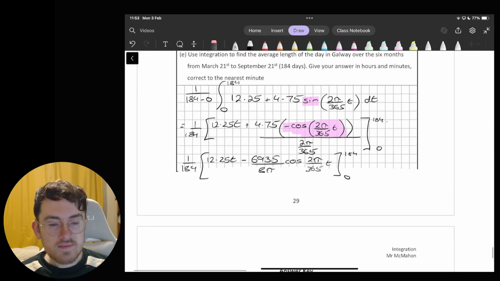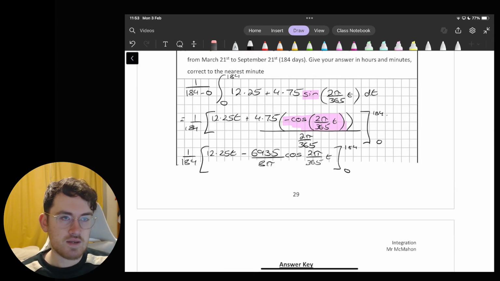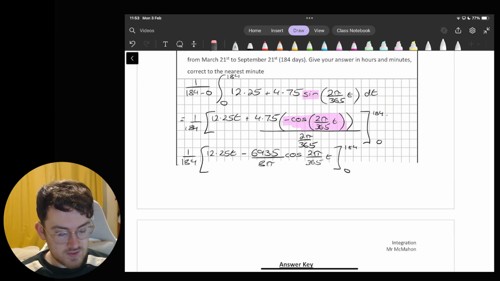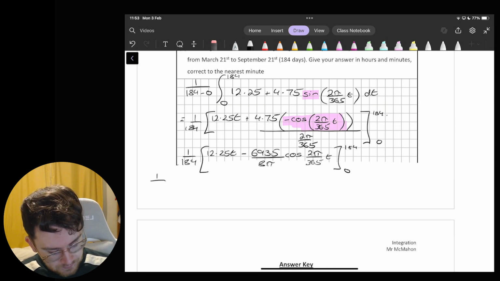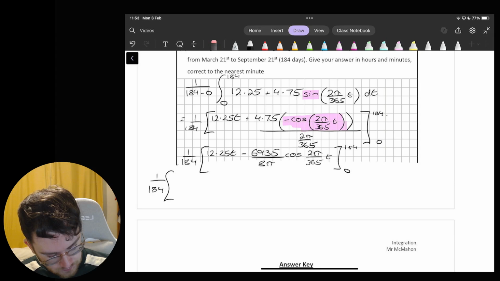Now, also need to be careful as well, because I know I've done it in a few examples there. When we've had 0 as a value to input here, a lot of the time I've just been saying that's going to give us 0. That's primarily because we're working with x's or t's or normal variables. When we're working with trig functions, we should know that values of 0 can actually give us actual values in a trig function, so we don't disregard them in that way. So 1 over 184, let's have a look.